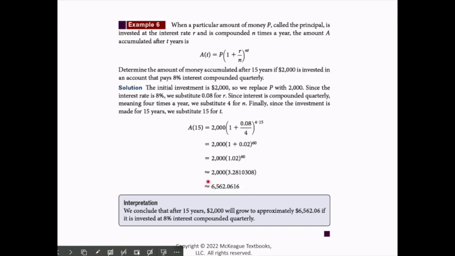And what this means is that after 15 years, given all the information, we would have $6,562.06 in our bank account. Now, because we deposited 2,000, that was our initial deposit, and this is what we have left at the end of the 15 years. The difference between the balance and our initial deposit would have to be the amount of interest that we've earned.